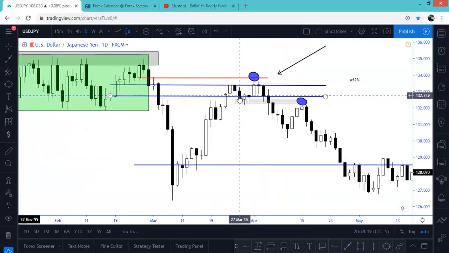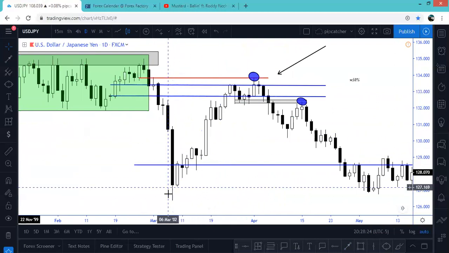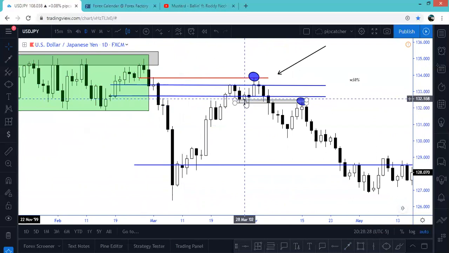It would be the last. So you know how you have the last down candle before an up move? It'd be like that in reverse.